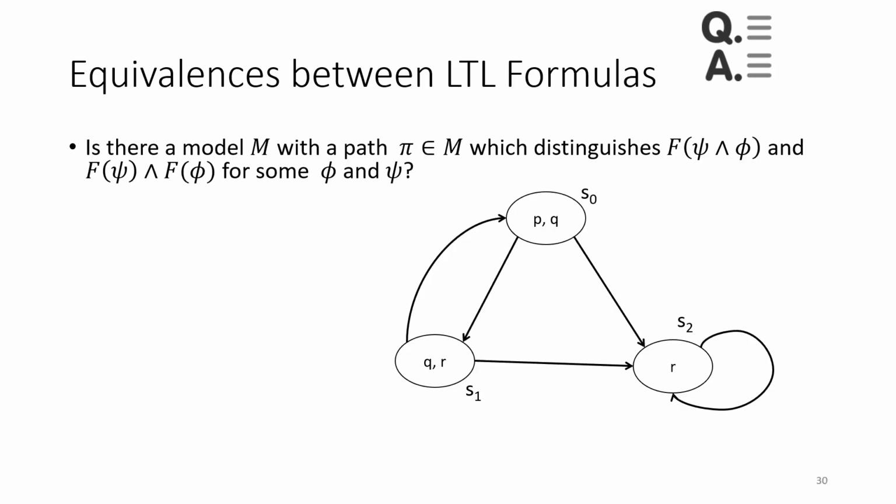So yeah, we also had this model actually where it was the same. That's the model that we used before, and if you pick P and R as the individual atomic propositions, then from S0 you could have eventually P, and you could have eventually R by going in the left side loop, but you would not have P and R in the same state ever.